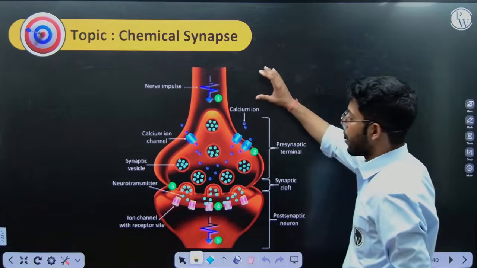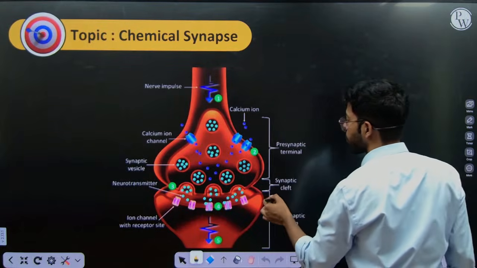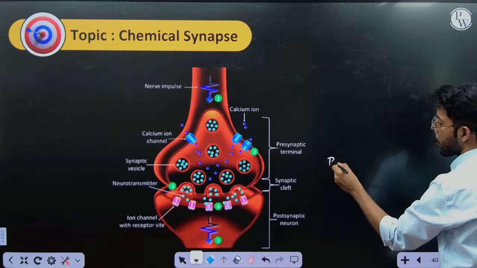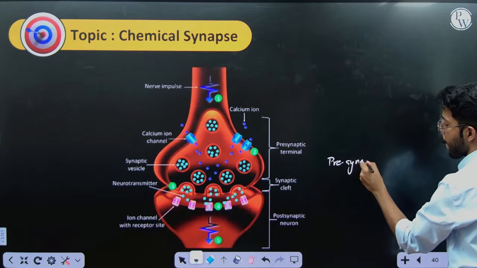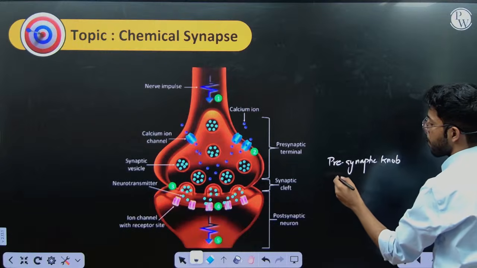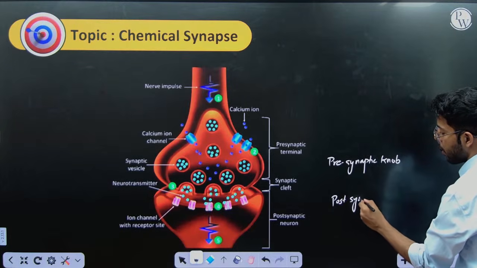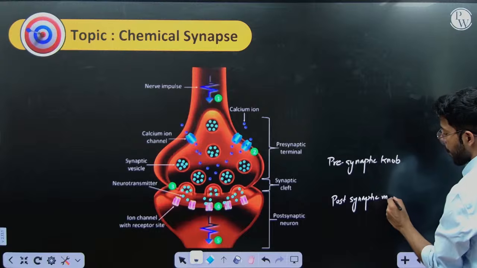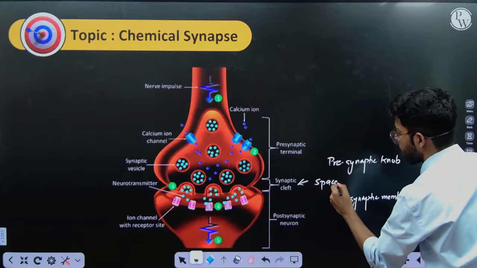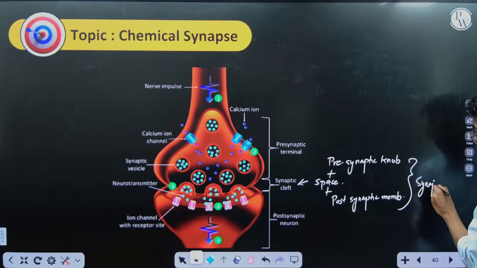And now if we talk about the chemical synapse, there is a space present between these two, which is known as the synaptic cleft. And now the presynaptic knob plus this synaptic cleft and postsynaptic membrane, this plus this, both are considered as the synapse.